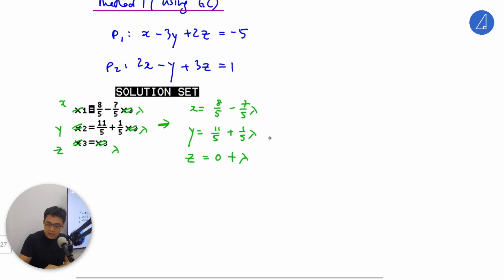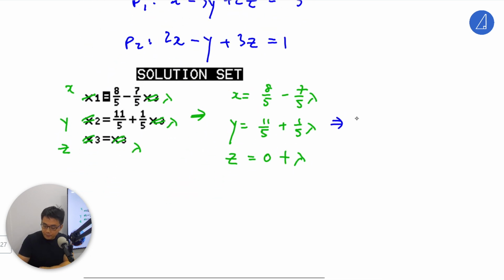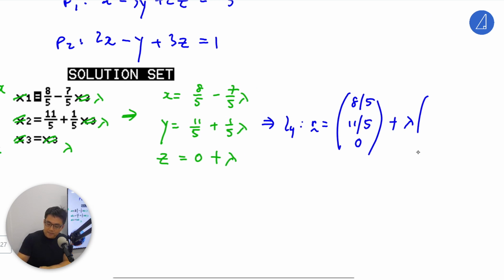So you know that L4 is (8/5, 11/5, 0) plus lambda times (-7/5, 1/5, 1).